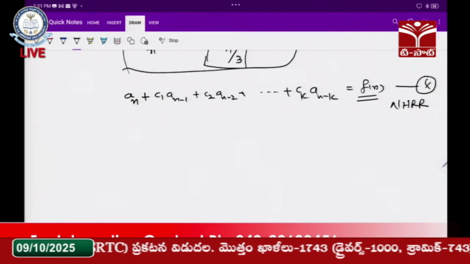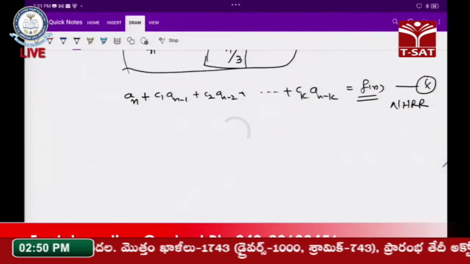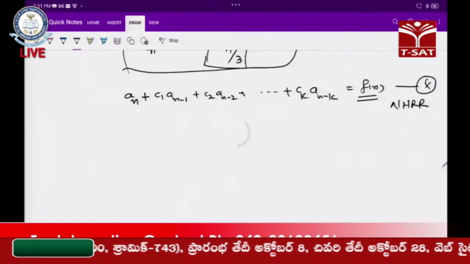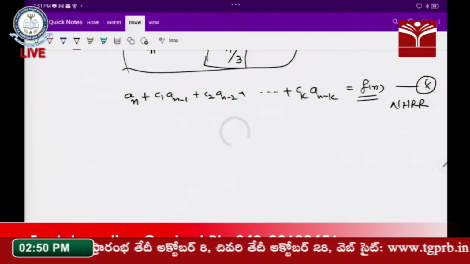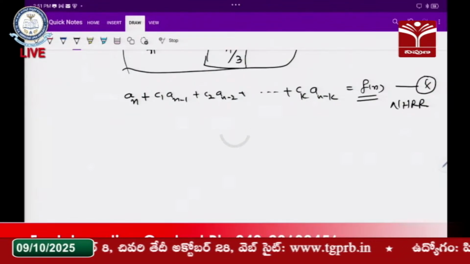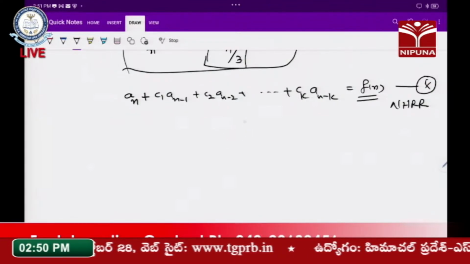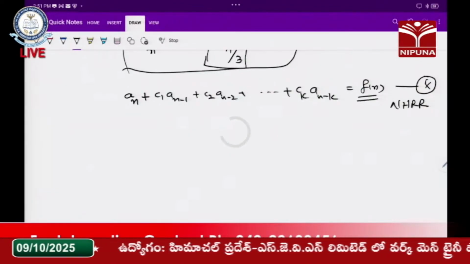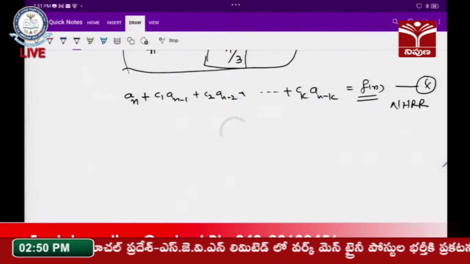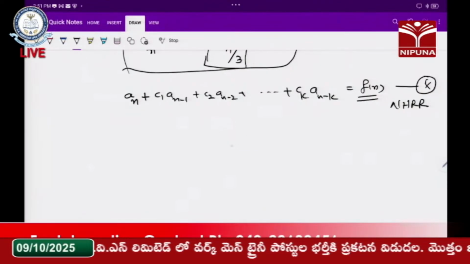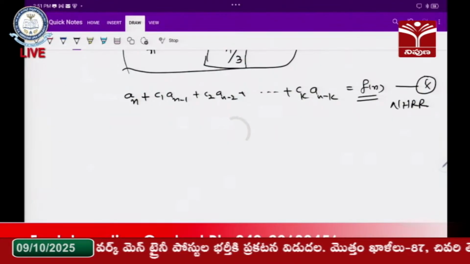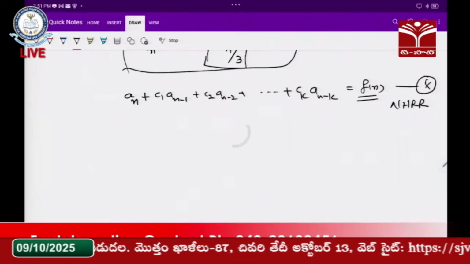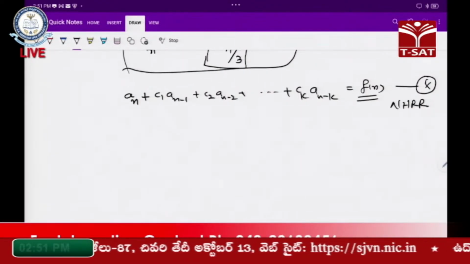If this is sin mx or cos mx, some technique is there. Right, e power ax into v model, some technique is there.